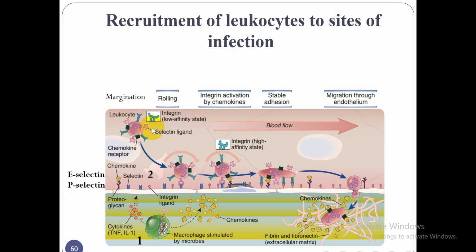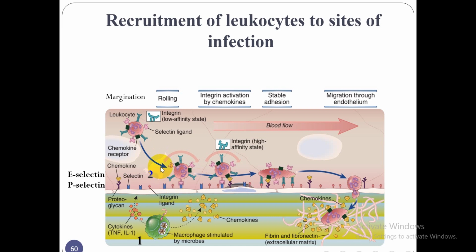Leukocytes express selectin ligand on their surface, and the interaction of selectin ligand with E-selectin and P-selectin could induce the rolling of leukocytes such as neutrophils and monocytes on the surface of endothelial cells.